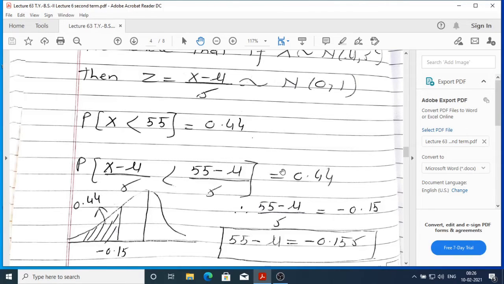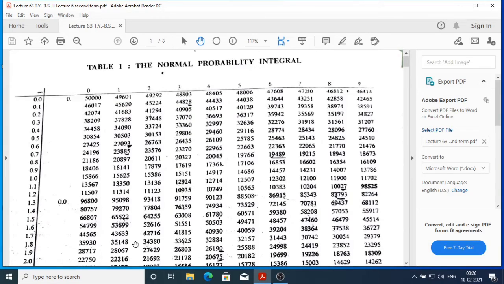Now 0.44 is the probability, and we have to get the ordinate from the normal probability integral table. So let us see how to get the ordinate. We will search for 0.44 in the middle part of the table.